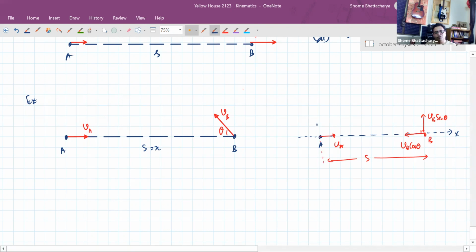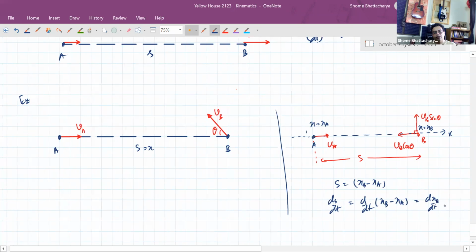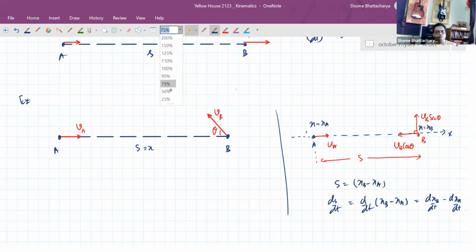So if A is at some X coordinate XA right now, and B is at some X coordinate XB right now, you can see that the distance between A and B is XB minus XA. So the rate at which this distance is changing should be the rate of change of B's X coordinate minus the rate of change of A's X coordinate.